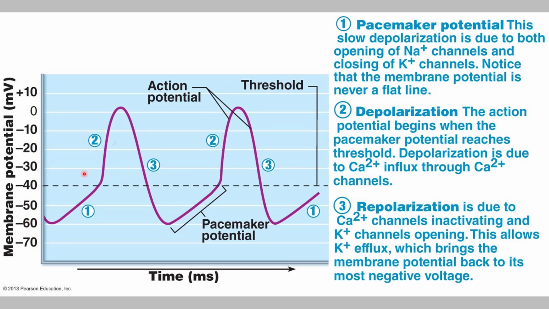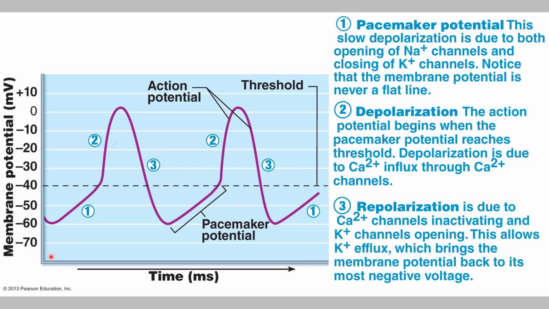Know that as we go upward, we are getting less negative, more positive, and as we go downward, we're getting less positive, more negative, but don't worry about the specific numbers. Instead, we want to know what's happening at each of these stages. Now, I said that the SA node was the pacemaker of the heart.